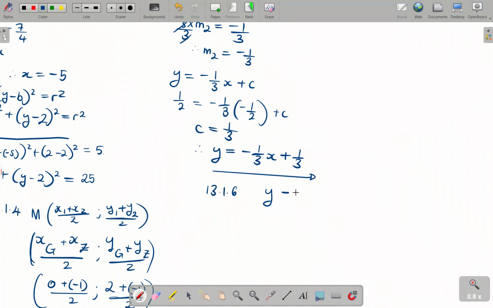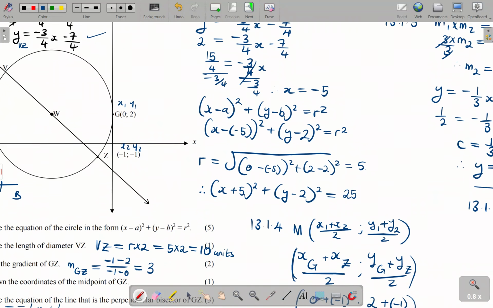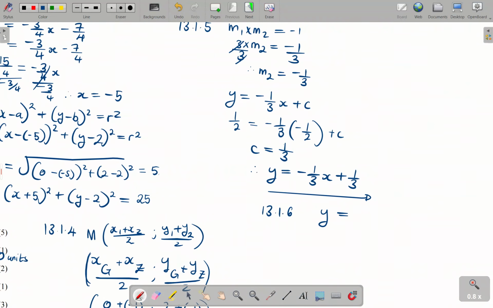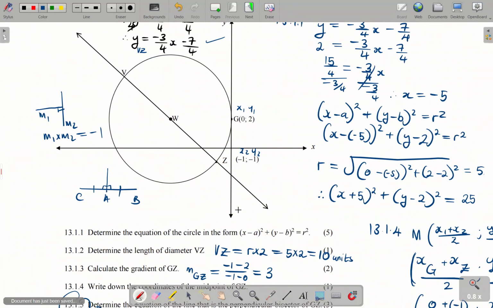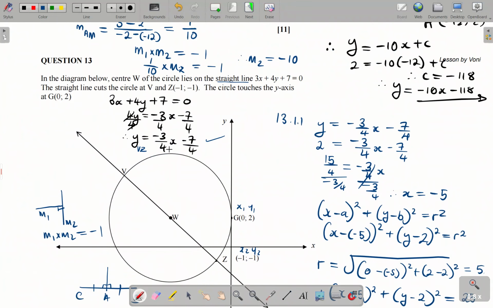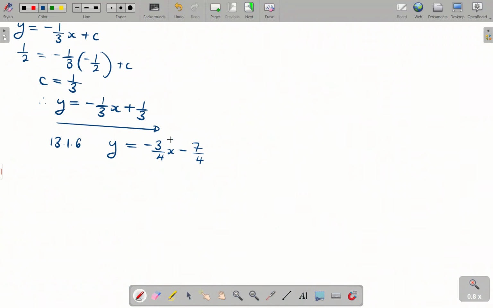The equation of VZ is y equals negative 3 over 4 x minus 7 over 4. And then the perpendicular bisector is y equals negative 1 over 3 x plus 1 over 3. So we have to equate the two equations.